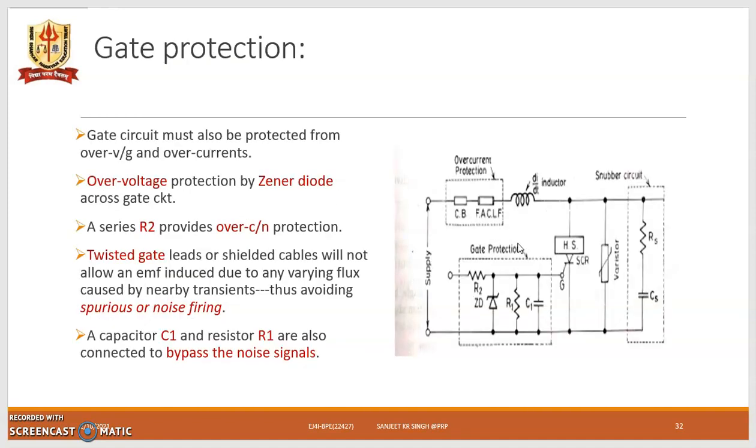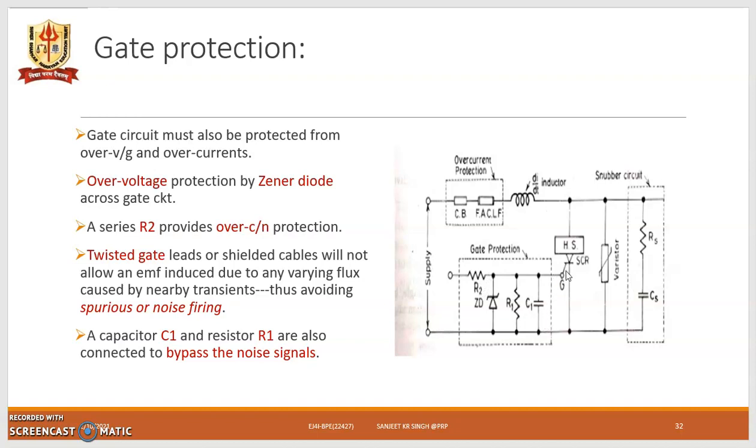Now, how is gate protection provided? For providing the gate protection, we can connect a Zener diode across the gate, which will protect from overvoltage. Why do we require the gate protection? Because unwanted triggering of the SCR may occur due to overvoltage and overcurrent. So to protect it from overvoltage, a Zener diode is connected at the gate, and resistor R2 provides the protection against overcurrent.